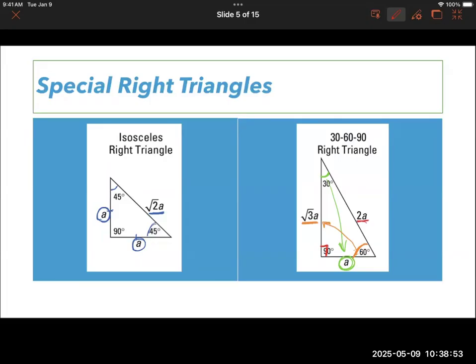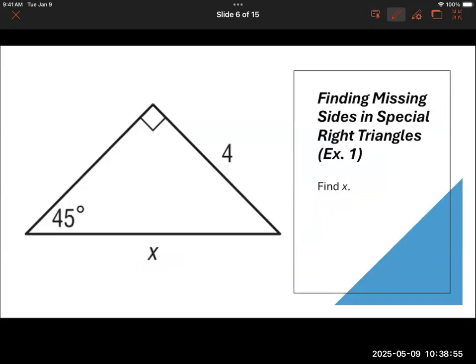Okay, so we can use that to find missing lengths a little bit more easily if you can remember these relationships. For example, in this 45, 45, 90 right triangle, we know that the legs are going to be our A values.